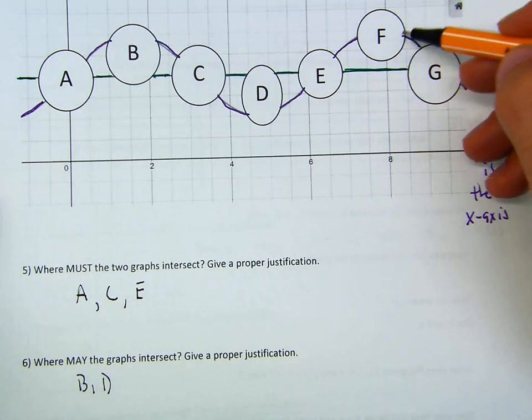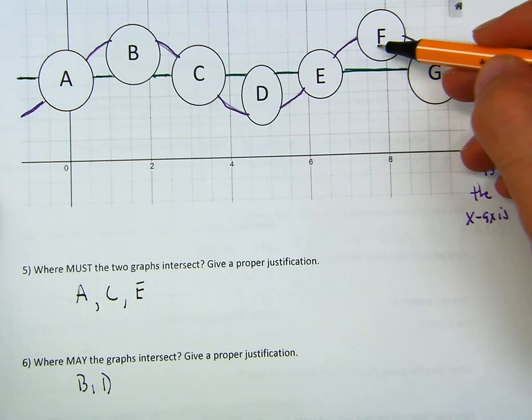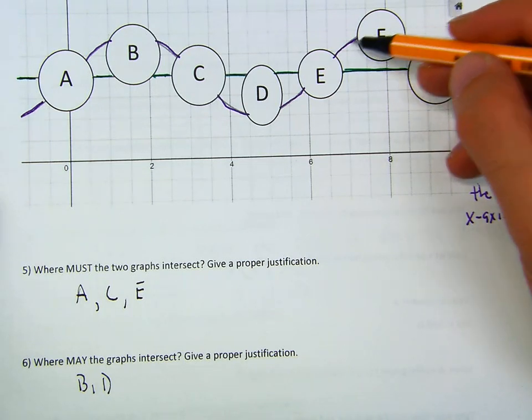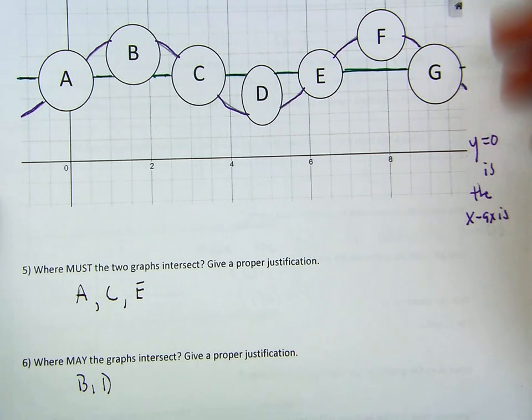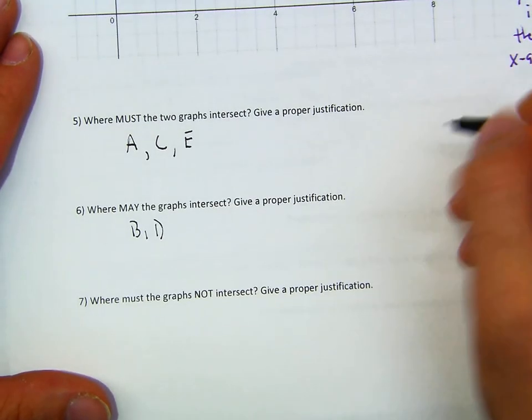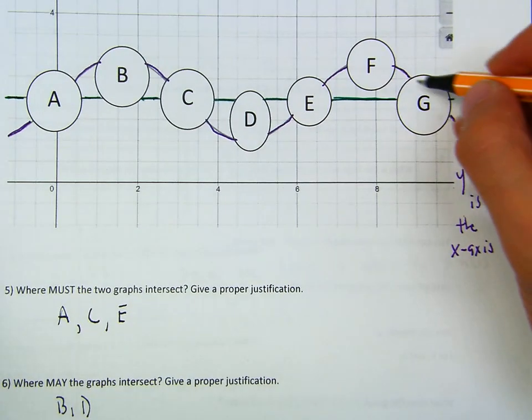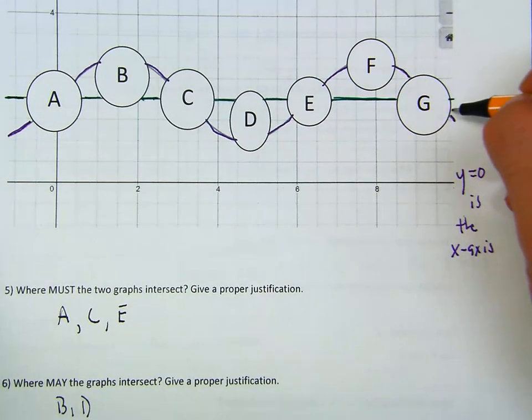What about F? For sure there's no way that this graph could intersect with this, so this is a definite not. And what about letter G over here? This one will have to as well.